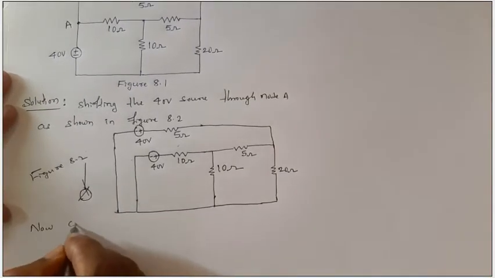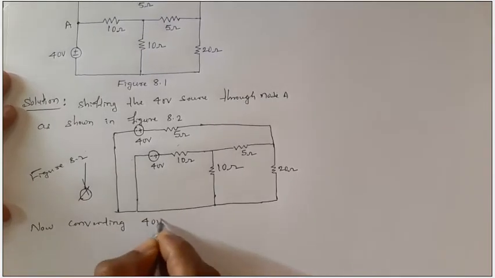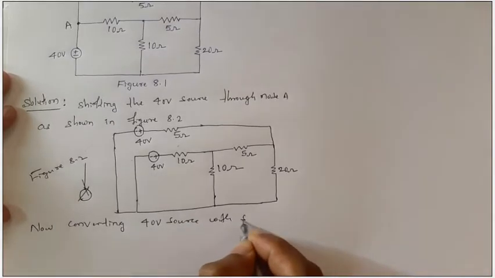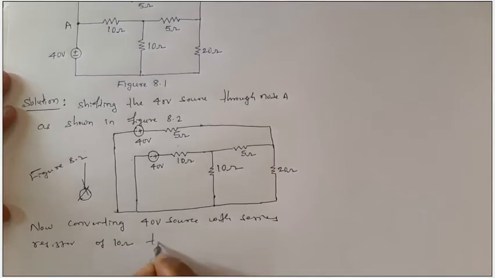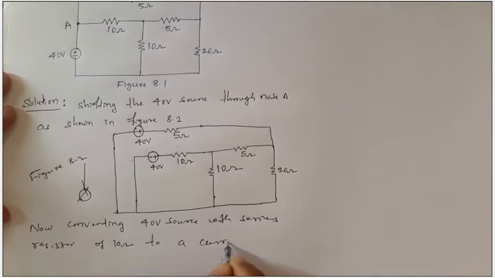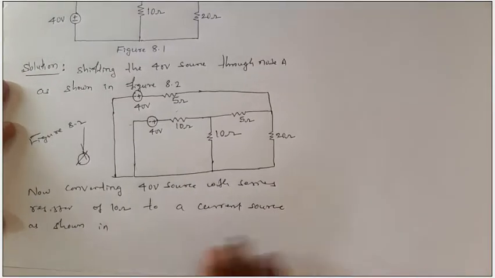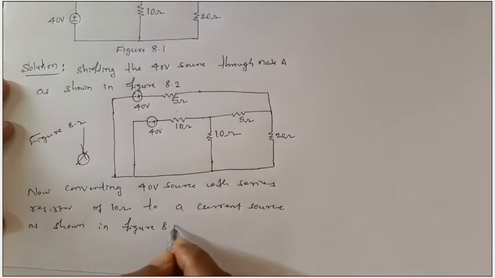Now converting the 40 volt voltage source with a series resistor of 10 ohm to a current source as shown in figure 8.3.